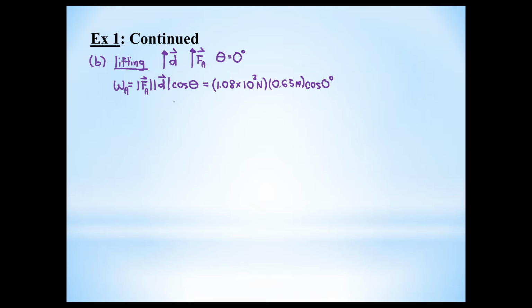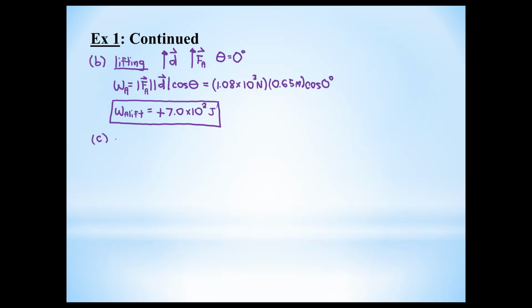And then I'm just going to add another subscript here to clarify I'm calculating the work done in lifting. So I'll say WA lift would be equal to, well, if both the displacement vector and the applied force point in the same direction, we're going to get positive work. So this would be positive 7.0 times 10 squared, and we have our combination unit is a joule. Okay, so that's part B.